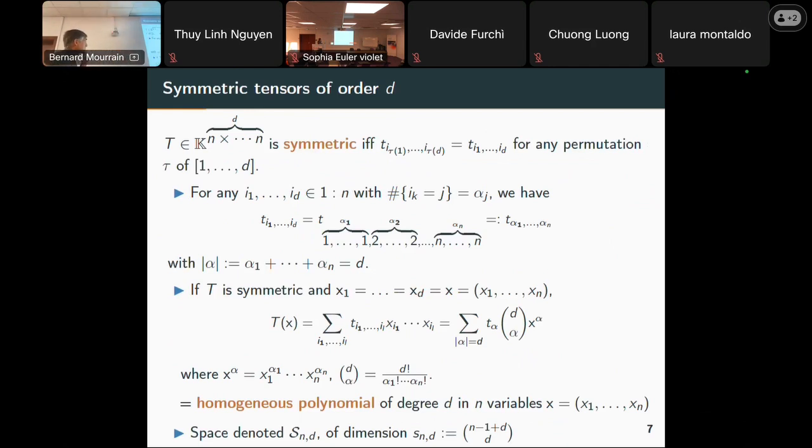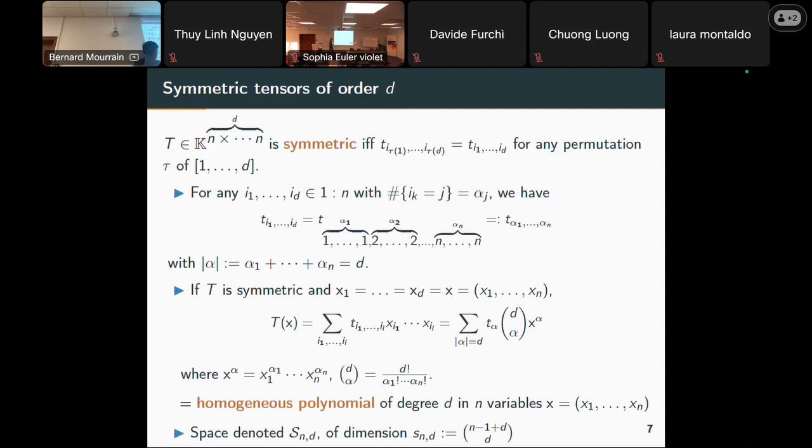Symmetric tensors, what are they? We can see them as tensors with some symmetry, the symmetry which leaves the coefficients invariant when you permute the indices. So T_{i_σ(1)}, ..., T_{i_σ(d)} is the same as T_{i1}, ..., T_{id}, and defines the same value.